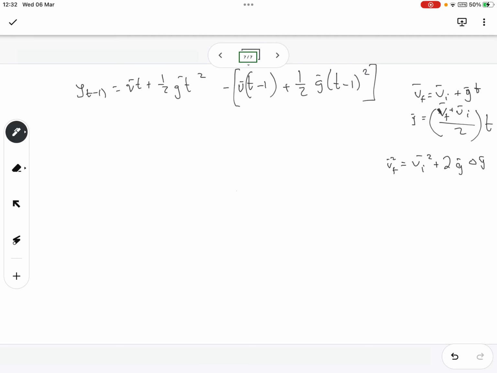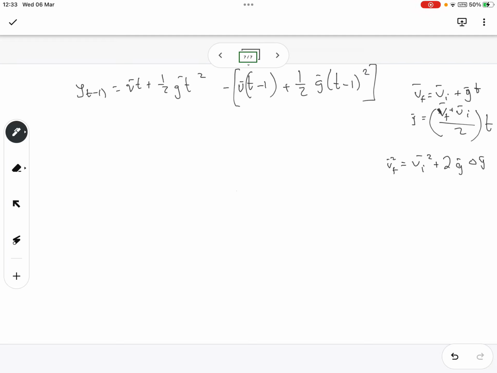Because this first part calculates the total distance of the drop, but we don't know the total time. But if we were to account for whatever the total time is, minus the last second, then the whole expression, but for t minus 1, would apply.